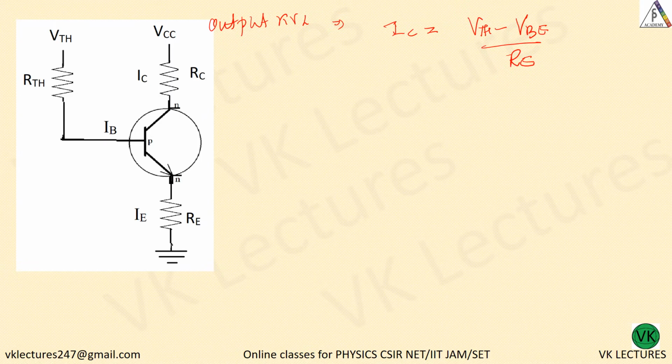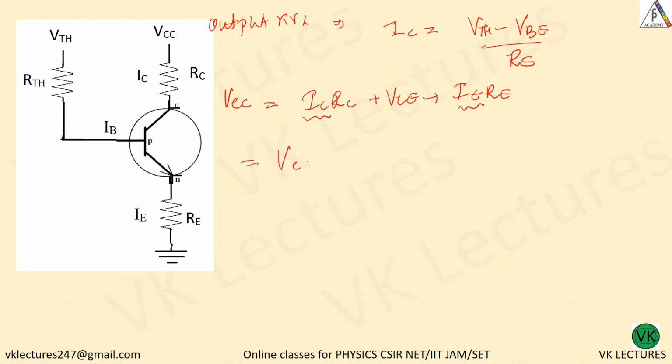Now going to the output KVL, VCC equal to IC times RC plus VCE plus IE RE. Here we are assuming IC is equal to IE.